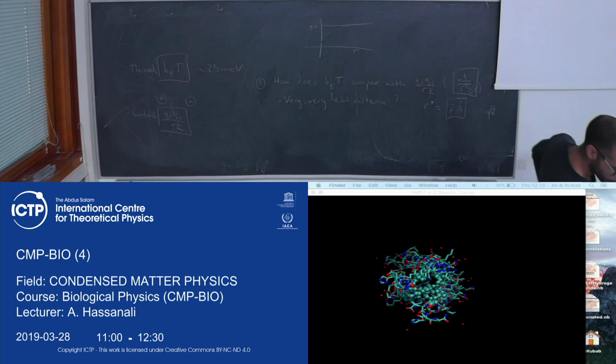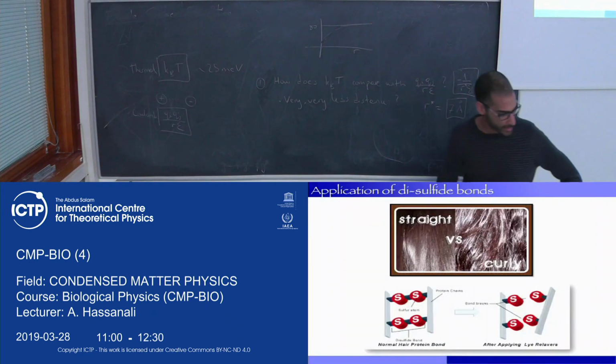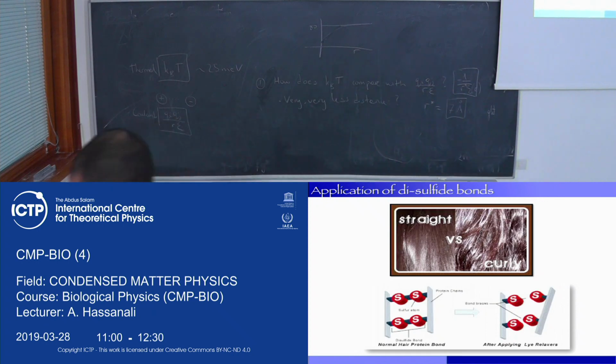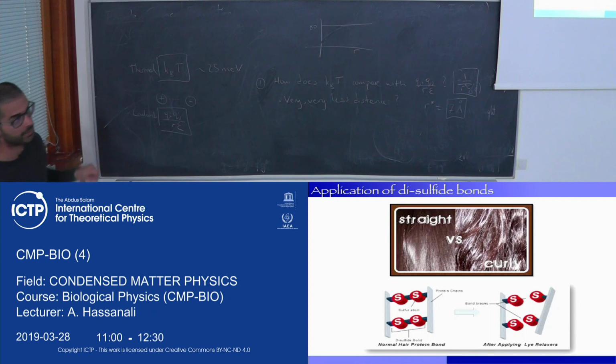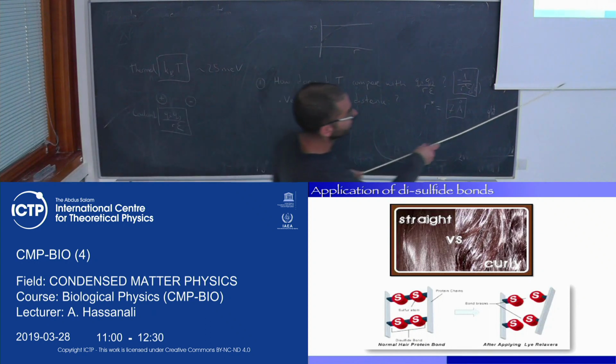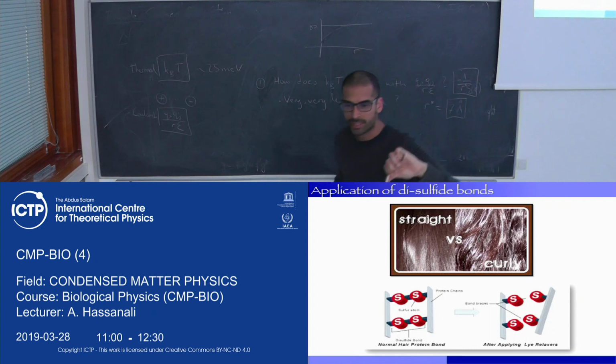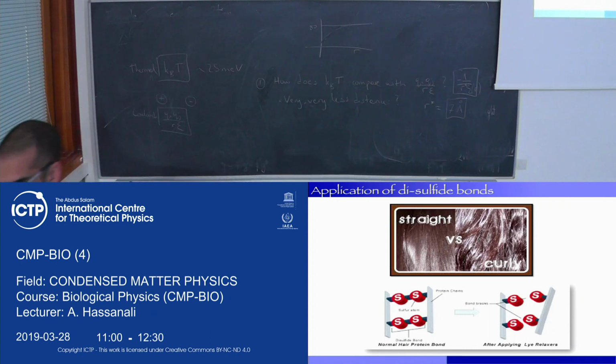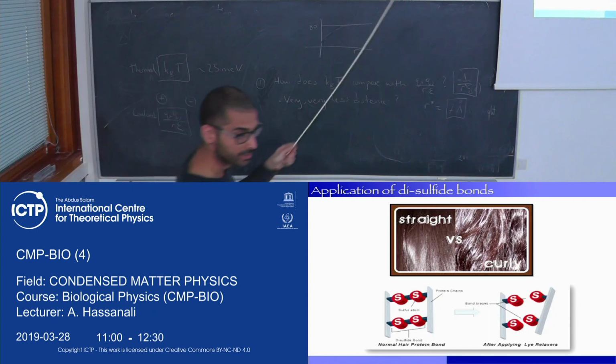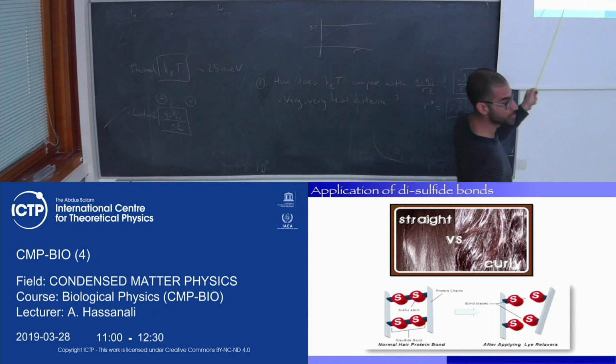Okay, so maybe now in the last 10 minutes I'll show you some fun stuff. People with straight hair and curly hair. Well, the morphology of your hair, whether it's straight or curled, is related to proteins. It's related to the chemistry of the protein.